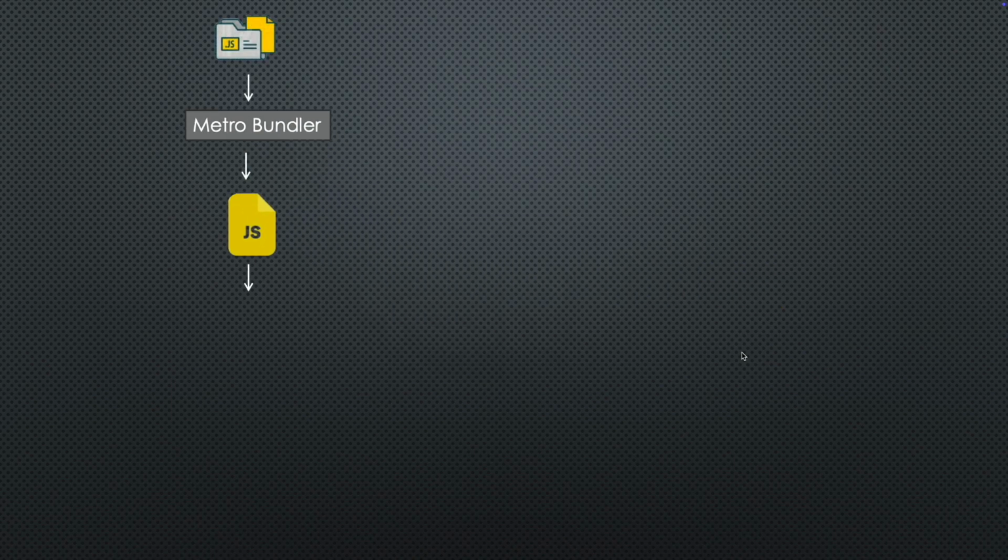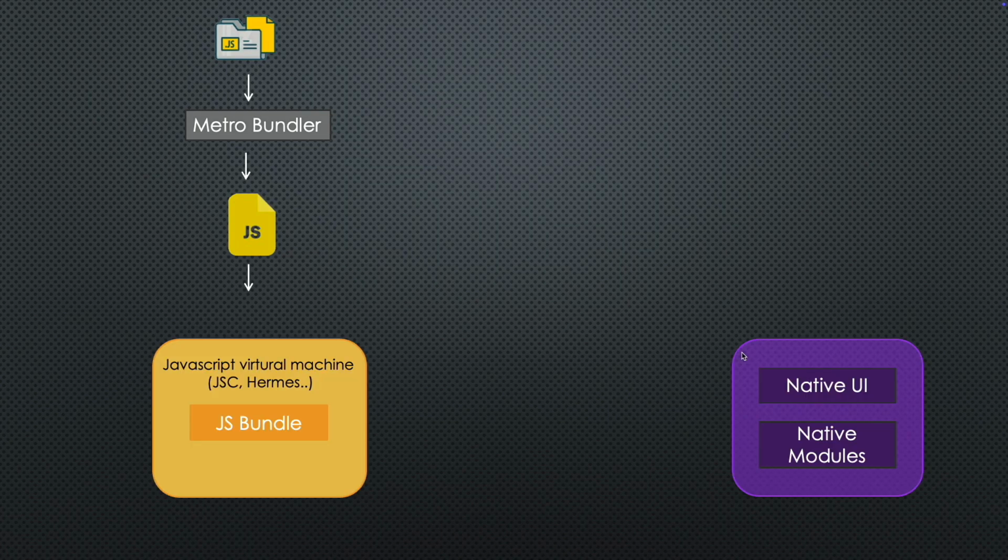This bundle.js is then sent to the target device, and on the device, the native code runs directly on the device. So Objective-C or Java code runs directly on the device, while the JavaScript code runs inside a JavaScript virtual machine, for example, JavaScriptCore, or in the latest version, Hermes.